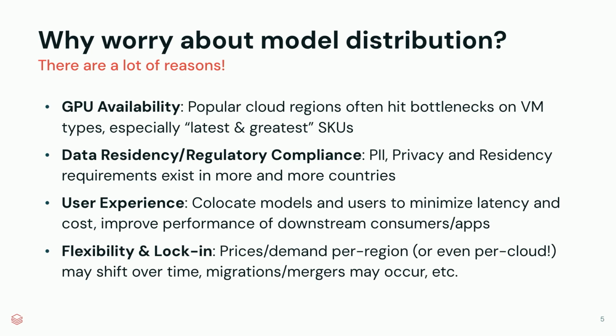Why do I need to think about something else? First off, there are always new GPU models and new GPU VMs coming out. Some of them are going to be available only in certain regions. Some are only available in certain clouds, right? If you want the latest NVIDIA chips, you may need to use certain regions or clouds to get those.